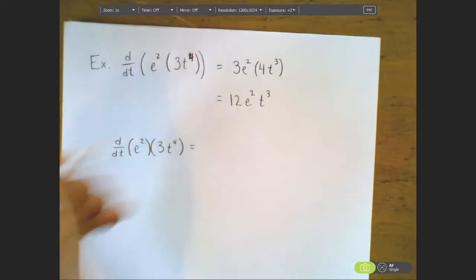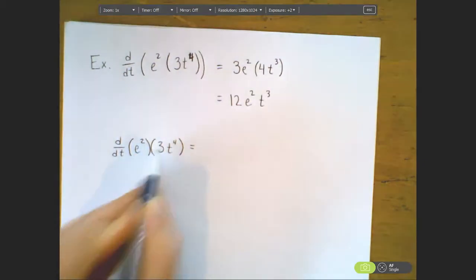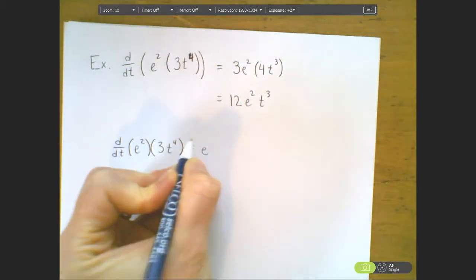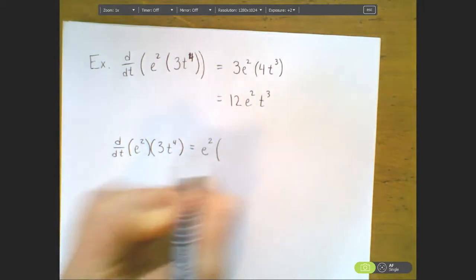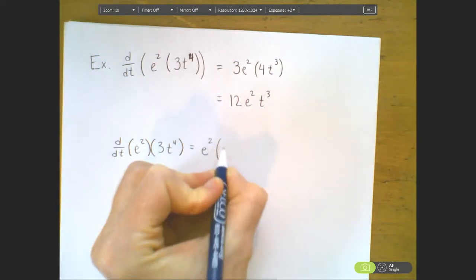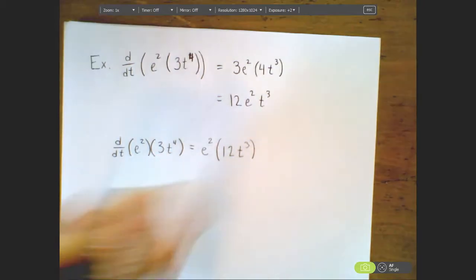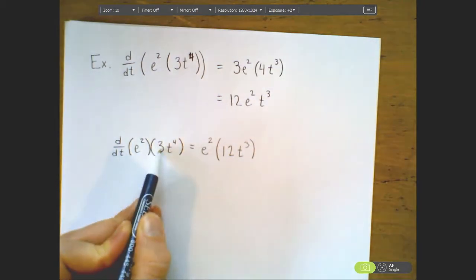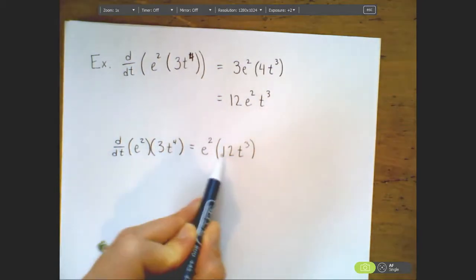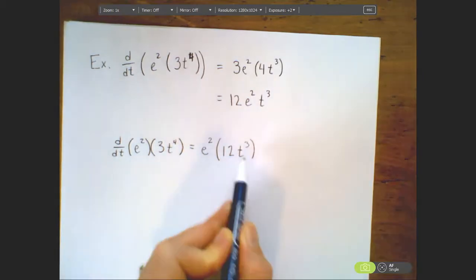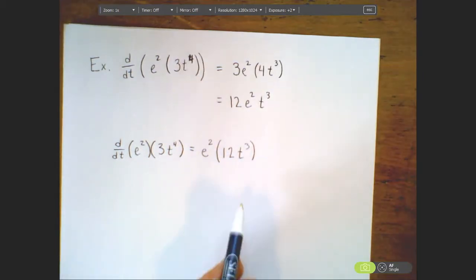Our product rule is first times the derivative of the second, so it's going to be e squared times the derivative of the second, which is 12t cubed. I did part of that in my head. The 4 came down and multiplied by 3 to give me the 12, and 4 minus 1 is my power on t, which is 3.